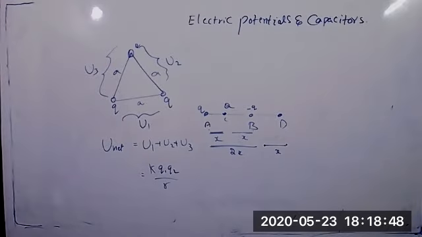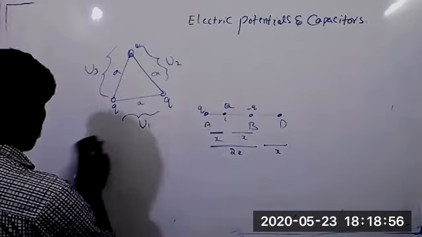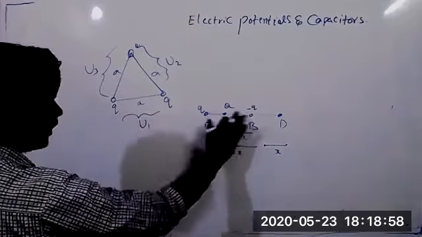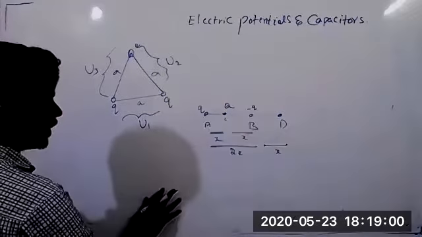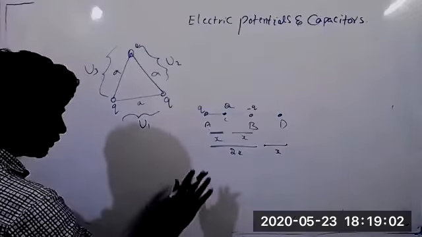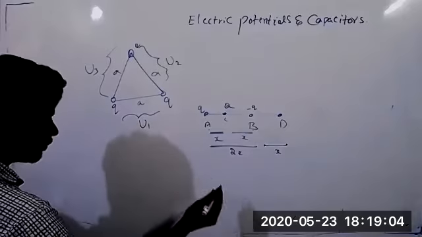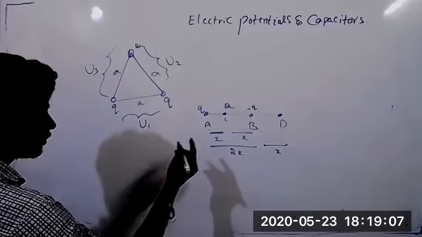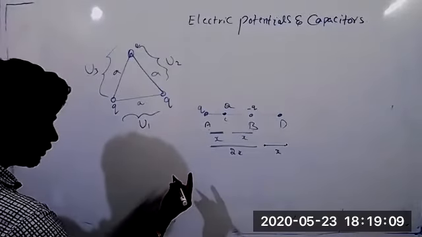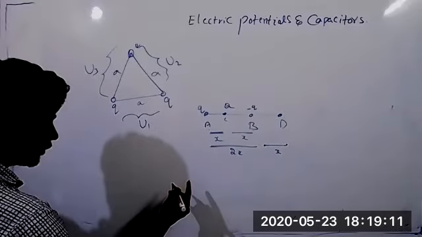What is the formula to calculate potential energy? Sir, K into Q by R. See, three point charges are there: K into Q1 Q2 by R1 plus Q1 Q3 by R2 plus Q2 Q3 by R3.